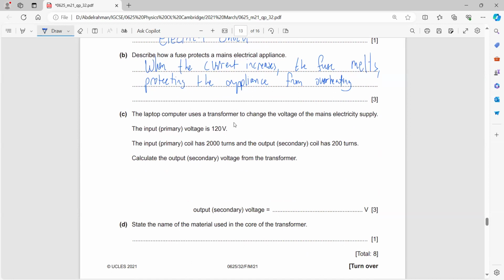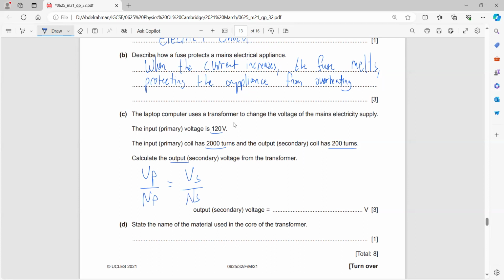The laptop has an input primary voltage of 120, input primary coil 2000 turns, secondary coil 200 turns. Calculate the output voltage. What's the equation we use? VP over NP equals VS over NS.